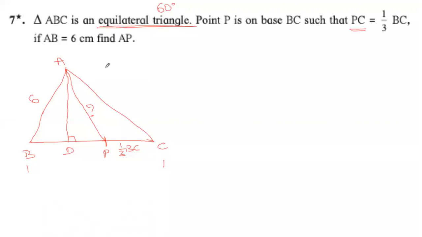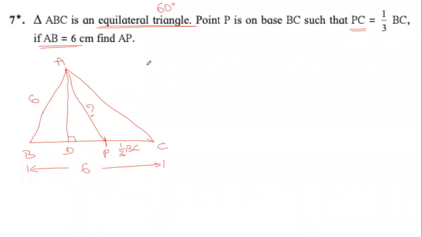Now, because triangle ABC is an equilateral triangle and AB equals 6 centimeters, tell me how much is BC? Come out of mute and answer. What is the length of BC? Very easy question. Yes, Prachi, correct answer: 6 centimeters. Equilateral, all the sides are of equal length. If BC equals 6 centimeters, can we find out PC?